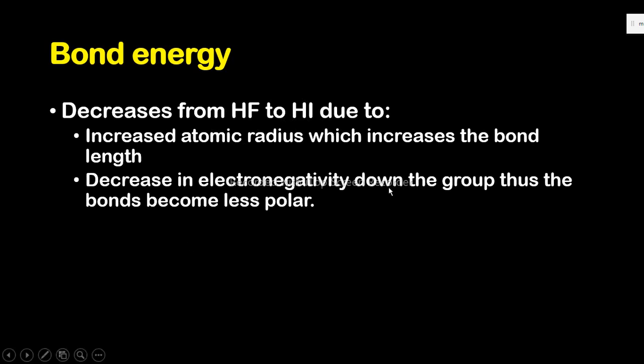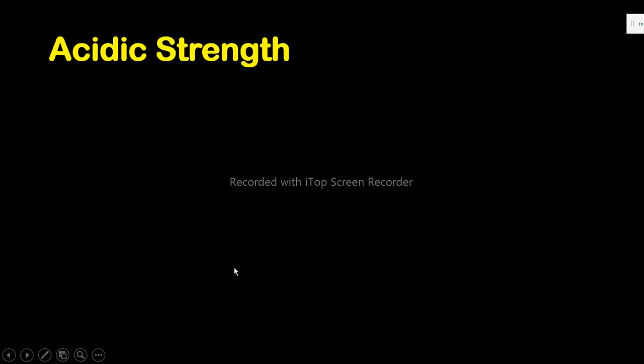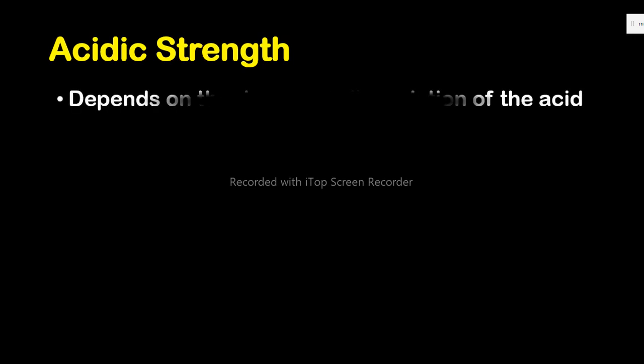Also, with the decrease in electronegativity down the group, the bonds become less polar, so the bonding electrons are not strongly attracted, and the bond becomes weak and easily overcome.